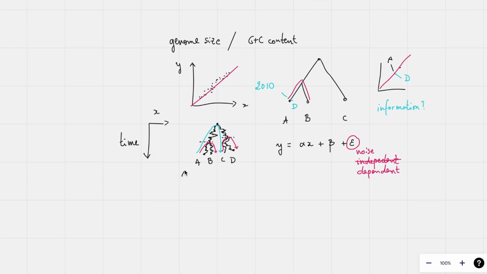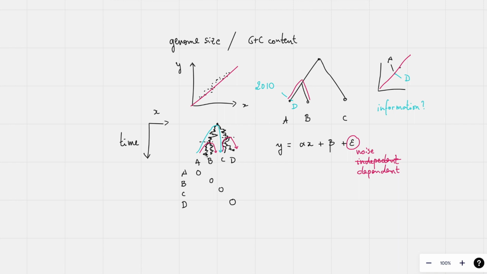So we can create a distance matrix here with the species A, B, C, and D, and we can fill the entries that correspond to the time that existed for them to diverge. So between A and A, the time is 0. And more generally, for every pair of species, B and B, C and C, and D and D, the distance is 0. It's exactly the same species here. So we can fill the diagonal very easily in that case.